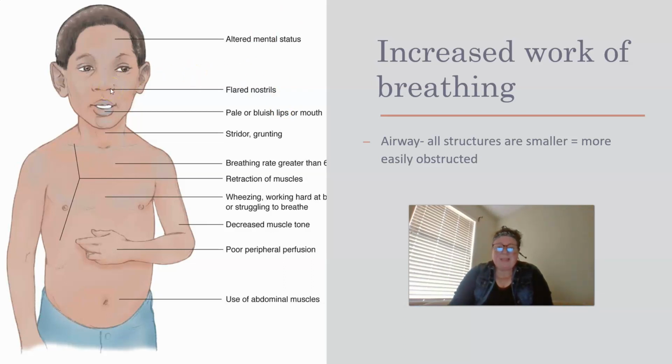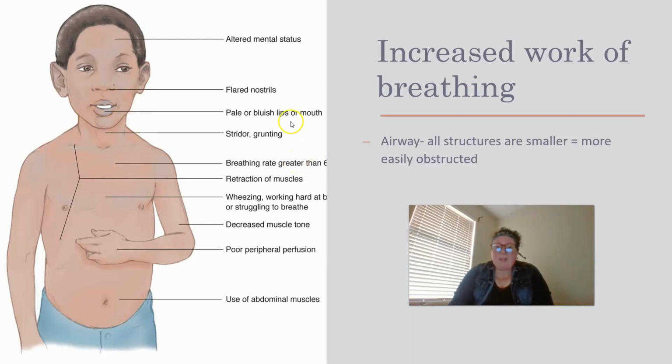Flared nostrils in infants and children, they don't have as much developed cartilage. So when they inhale, when they're really having increased work of breathing and trying to pull air in, sometimes their nostrils will flare. It's a sign of work of breathing. Bluish, pale or bluish lips or mouth, or circumoral cyanosis, another term for that. That's a sign of hypoxia.